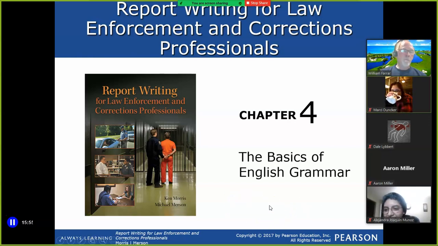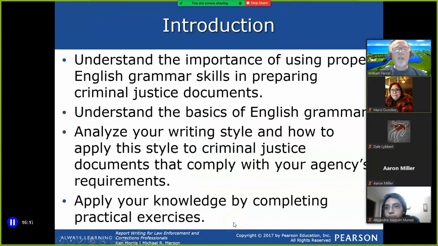So with that said, tonight's chapter, we're going to cover some basics of grammar and things. And I know everybody has their own style of writing, but remember, this is more police writing, so it's a little bit different. So you have to find that happy medium in there.